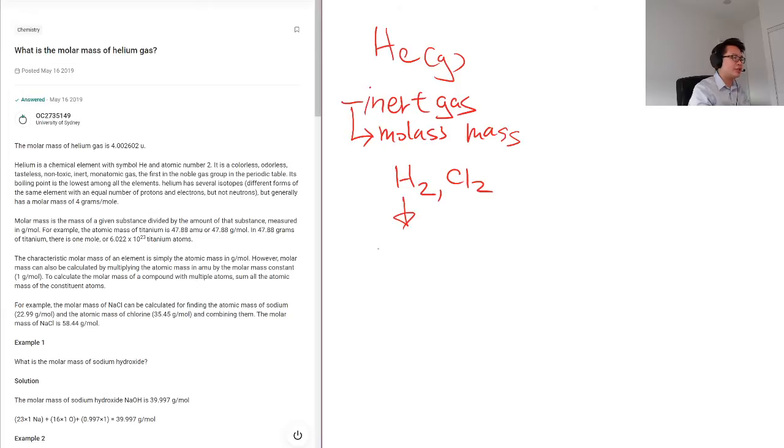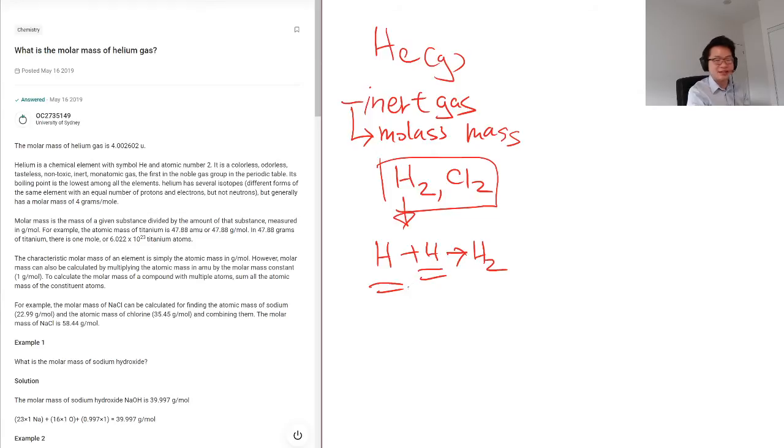So for H2, we have two hydrogens combined together. Same for chlorine. It is much more stable for them to exist that way, because as individual atoms, they are reactive.